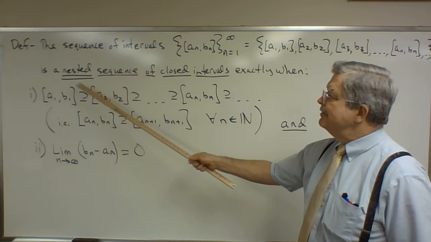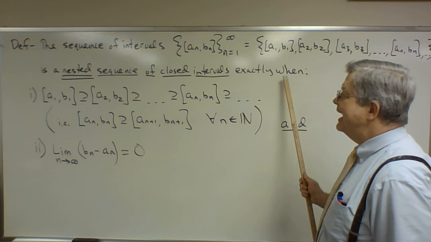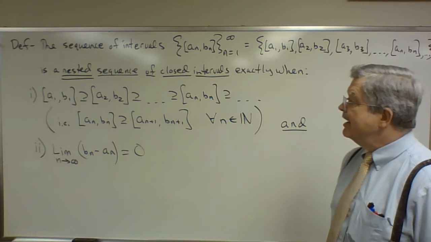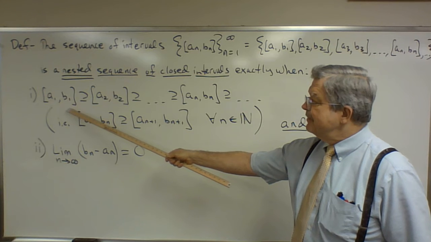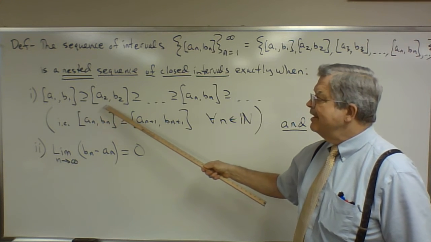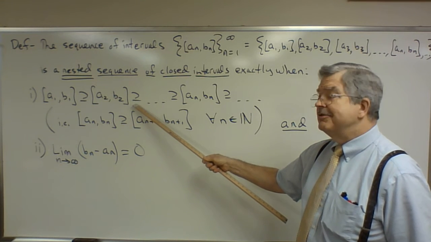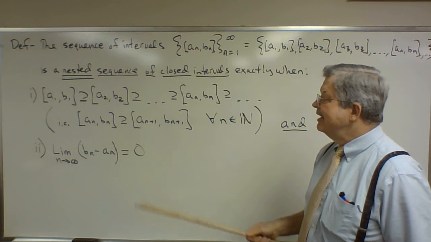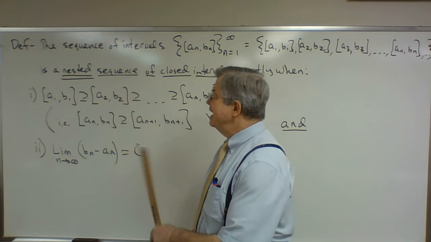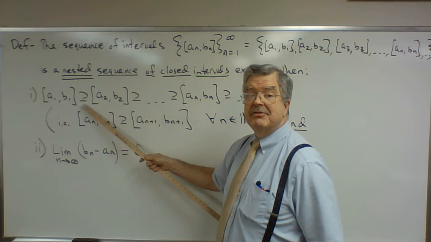This sequence of intervals is a nested sequence of closed intervals exactly when two conditions are satisfied. The first condition is that the interval a1, b1 contains the interval a sub 2, b sub 2, which in turn contains the interval after it, and so forth. You might look at this symbol and say that it looks like the notation for subset, except it's turned around.